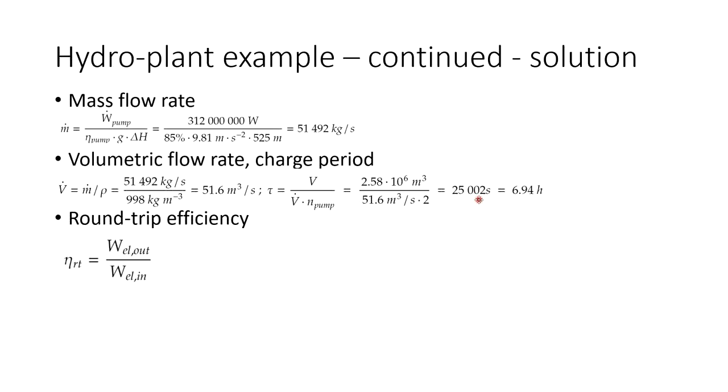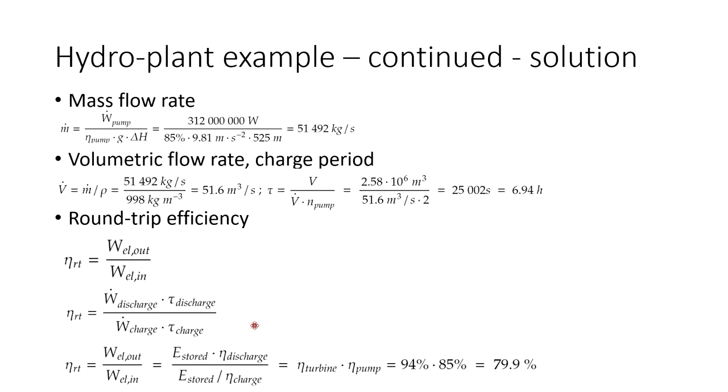We can also express this round-trip efficiency with the power, but multiplied by the period of charging and discharging, so that we get the energy. So the power output during discharging times the discharging period divided by the power input during charging and the charging period. And also we can express it with reference to the energy in the storage.